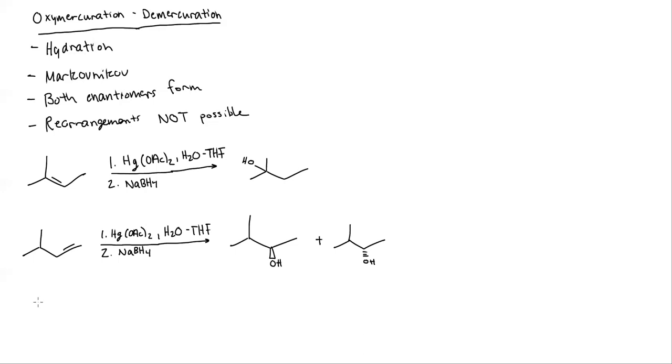So let's take a look at one more example and then we'll talk about the mechanism. So again, same thing. Okay, so same reagents, and then I just add the alcohol to the more substituted carbon.